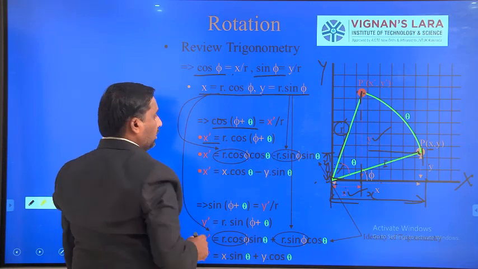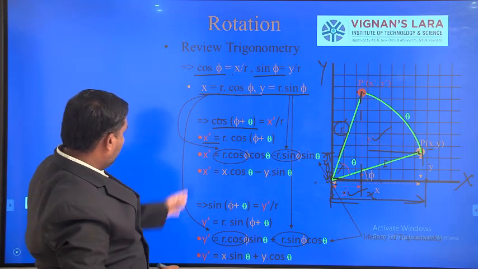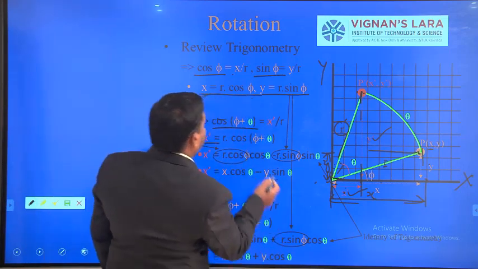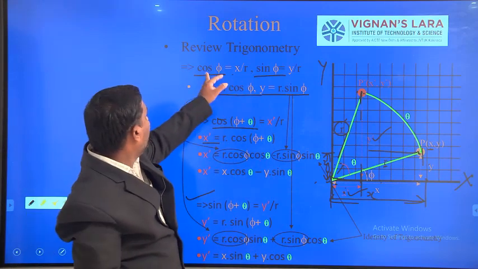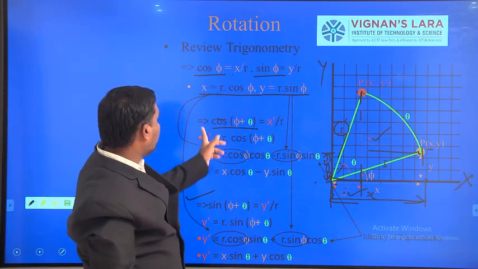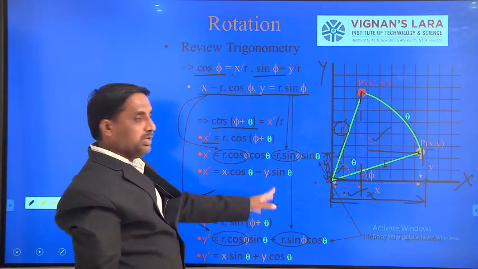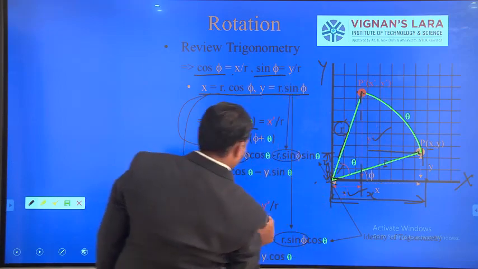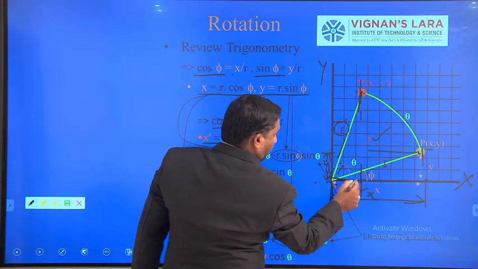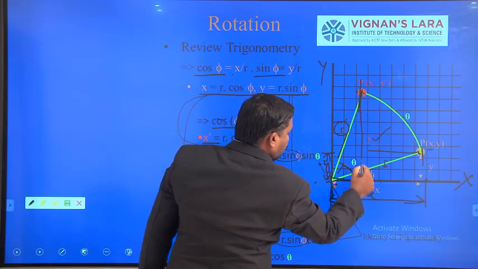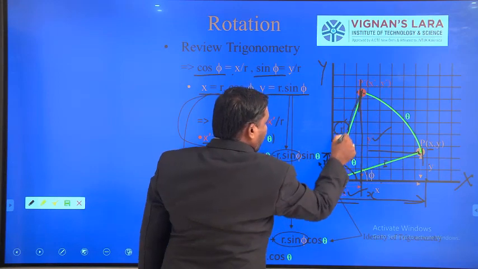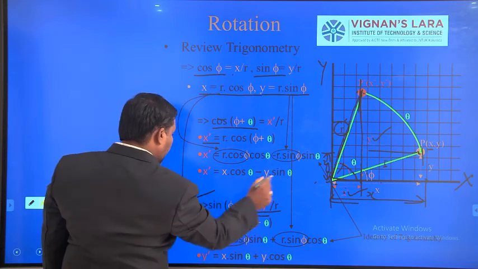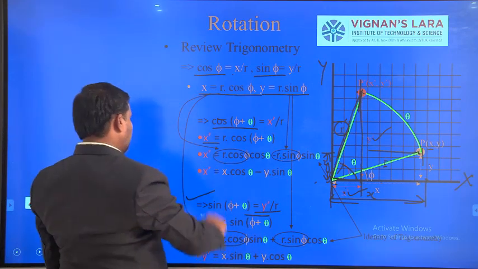Next, what about y? Now come to sin of phi plus theta. Sin of phi plus theta equals y dash by small r. So y dash equals r into sin of phi plus theta.